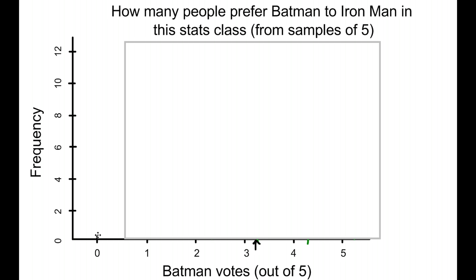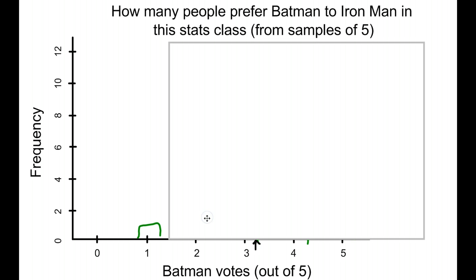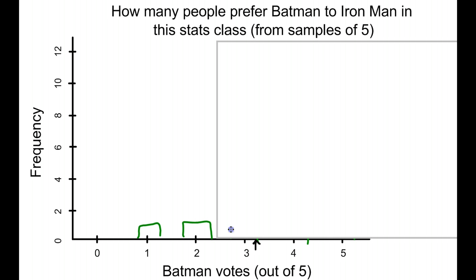When we actually did this in class, nobody got 0 people who voted for Batman. We had one person who had 4 out of 5 Iron Man, 1 out of 5 Batman. So we graphed the frequency of one person who got 1 out of 5. Same thing with 2. We had one person that had 2 out of 5 Batman votes.